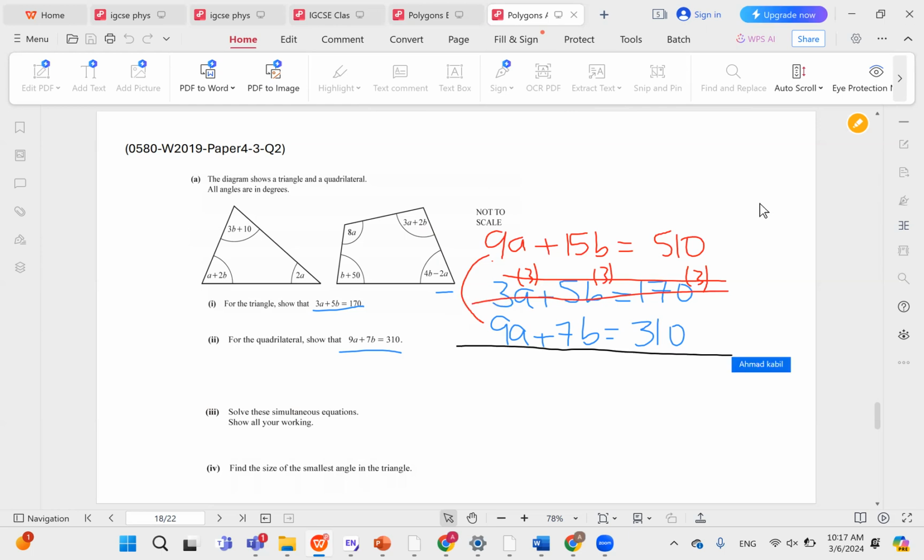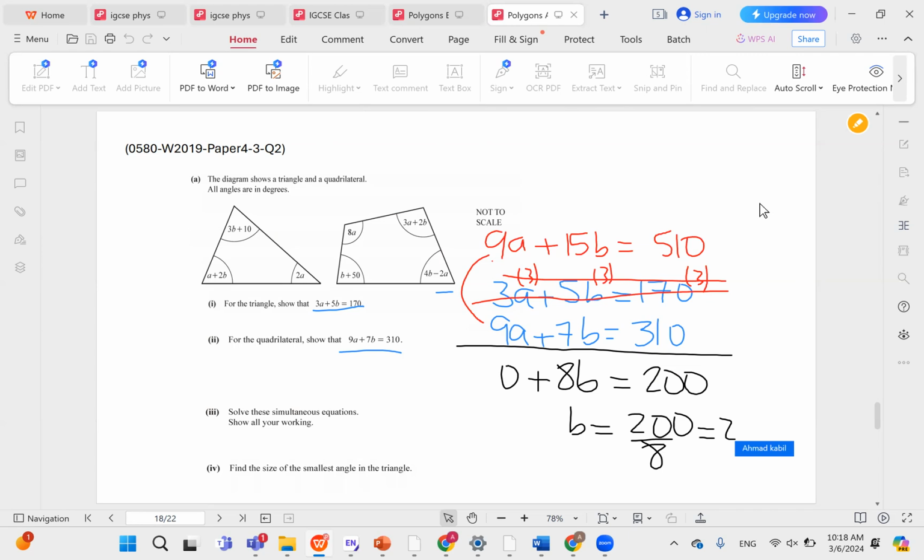So 9a minus 9a gives us 0. 15b minus 7b gives us 8b. 510 minus 310 gives us 200. So 0 plus 8b equals 200. Therefore, b equals 200 over 8. And that gives us 25.